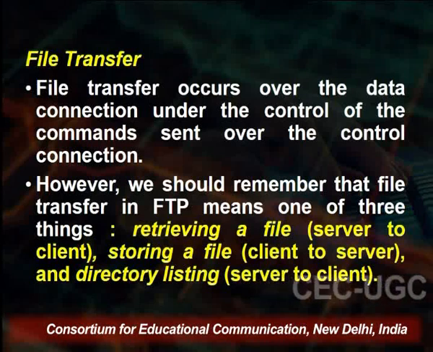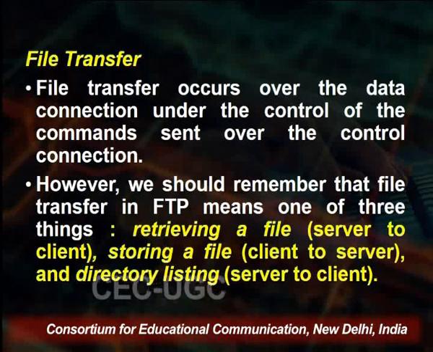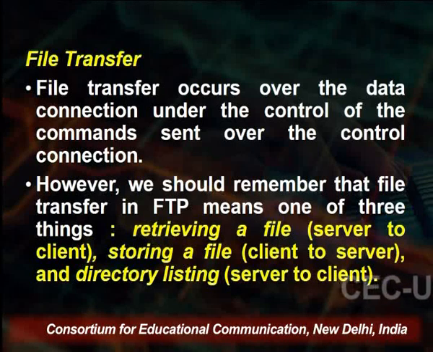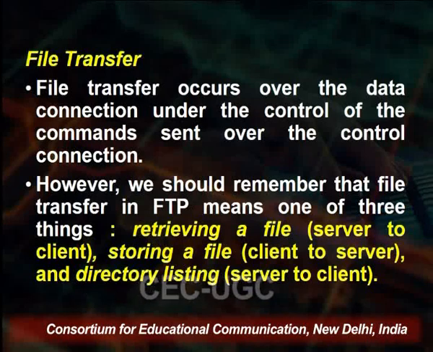Second, the client is trying to store a file on the server, so the movement is client to server. And third is directory listing, where the client wants to know what files are stored on the server, so that is again server to client. So, three types of data flow can happen: retrieving a file, storing a file, or directory listing services.